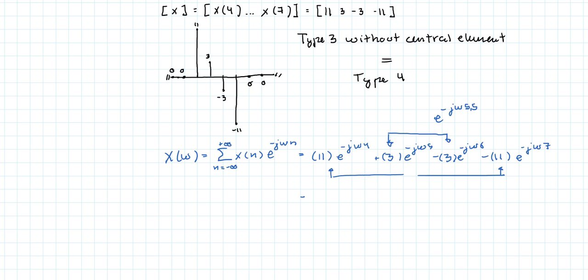What that's going to give you is 11 e to the minus jω5.5 times e to the plus jω1.5 minus e to the minus jω1.5.